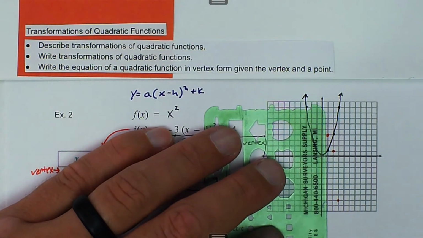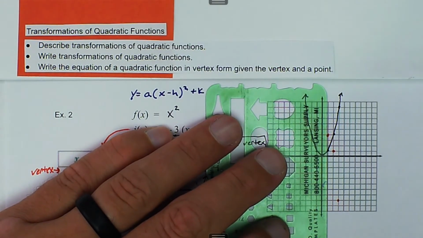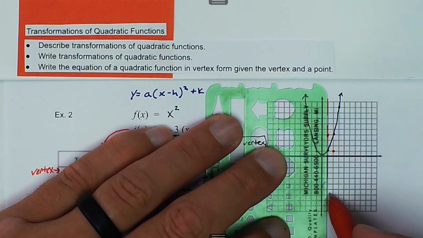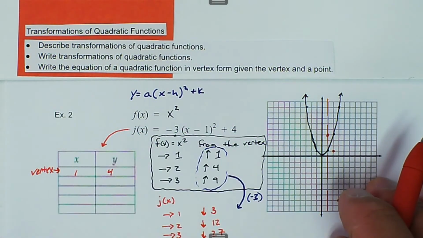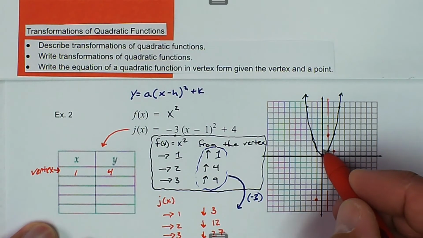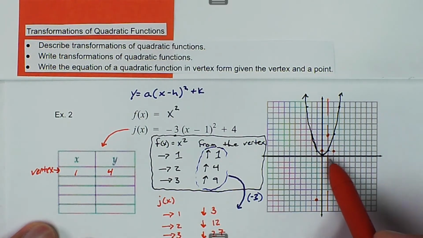The other way that we can get the other side is we can use our line of symmetry. And we can just count over. So 1, 2, 1, 2. 1, 1. And then I can fill out what the rest of my points are.